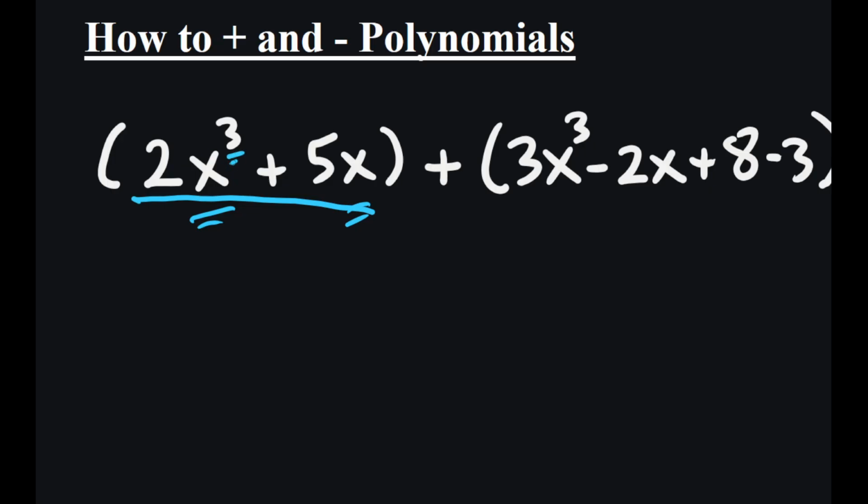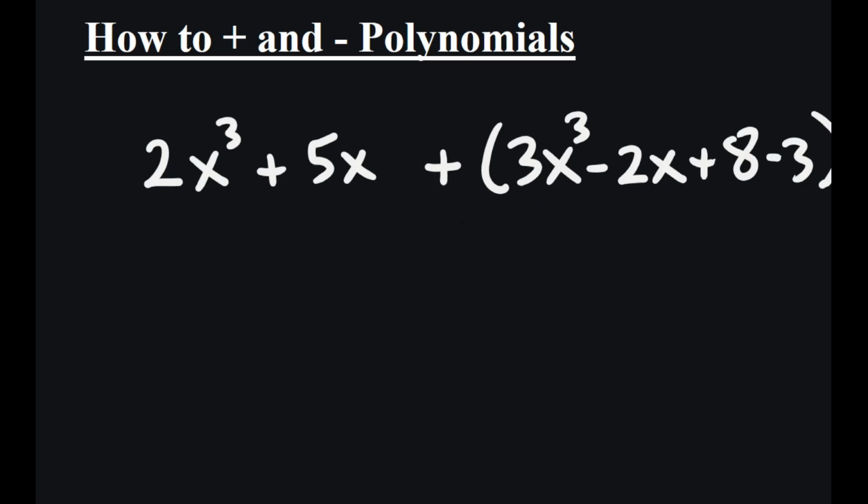This one has an exponent of 3. This one has an exponent of 1. So combining them won't work. Because we've done everything we could within these parentheses, there's nothing else to do. We can actually drop these parentheses, so let me erase them.